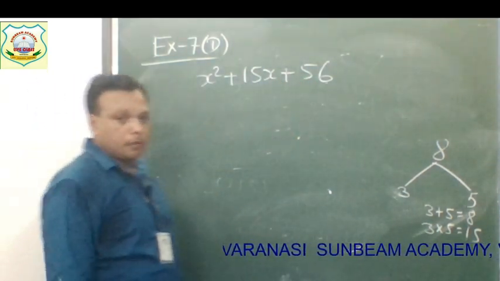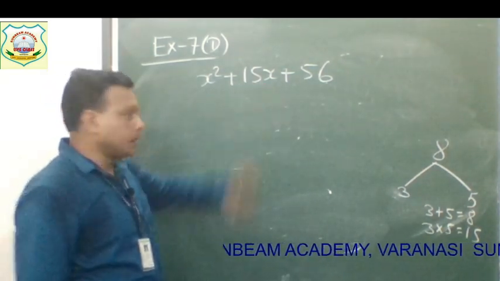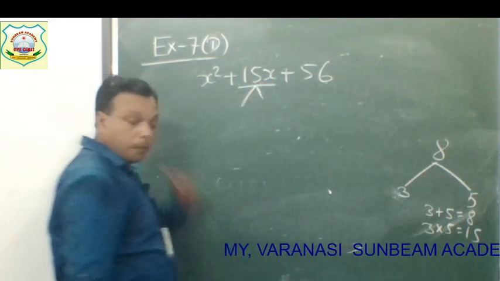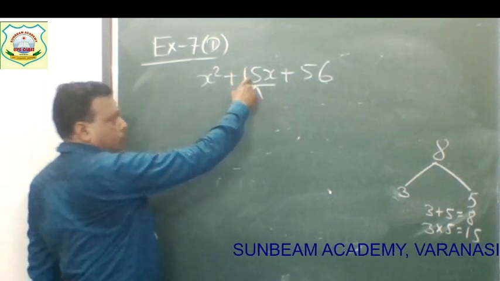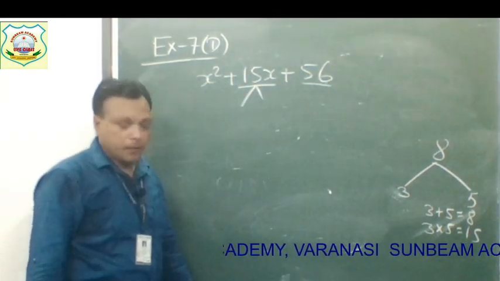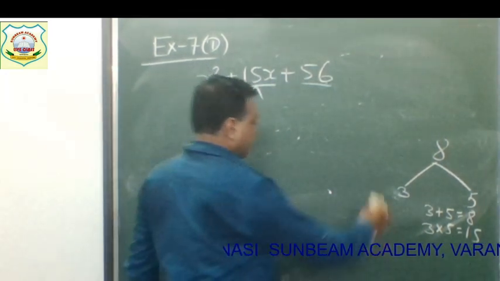So we will factorize, which means middle term splitting. The middle term 15 will break into two parts, such that when we add them it should come 15, and when we multiply them it should come 56. So how will we split 15?